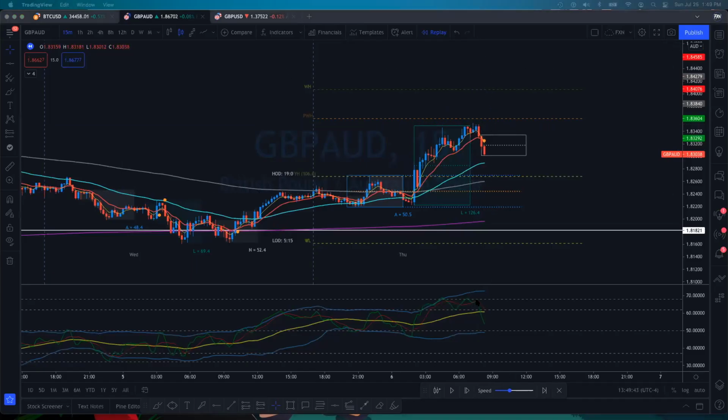Notice how this went higher than that, and then obviously this didn't. So you had some divergence here. So you see how it makes the bigger M. It's not coincidental, by the way, that previous week's high is here as well. So they were targeting this previous week's high to begin with.